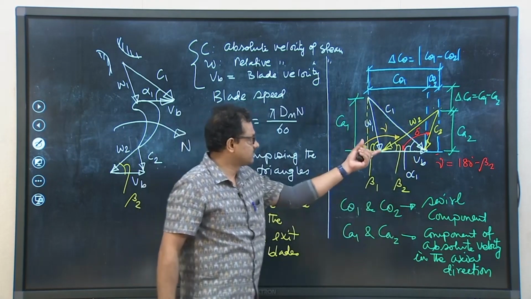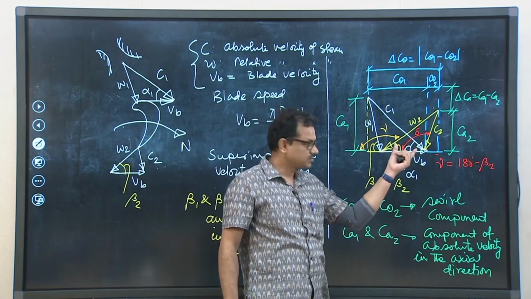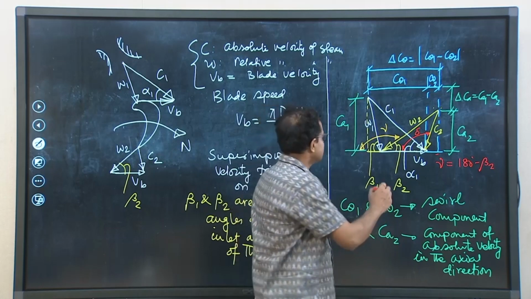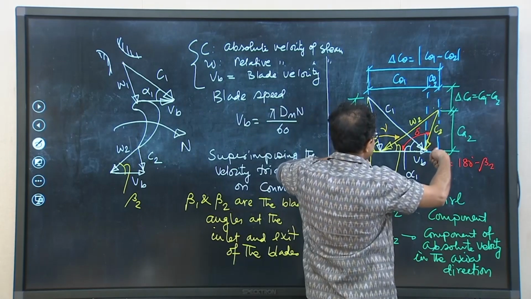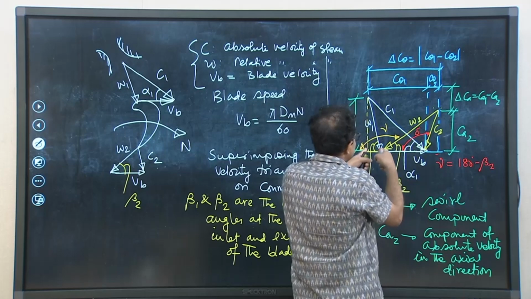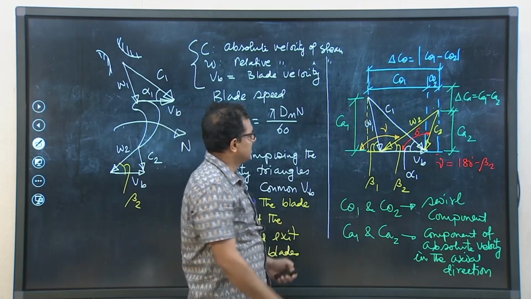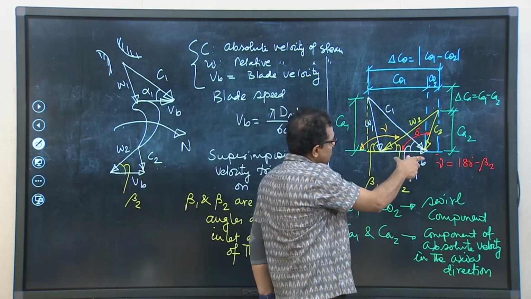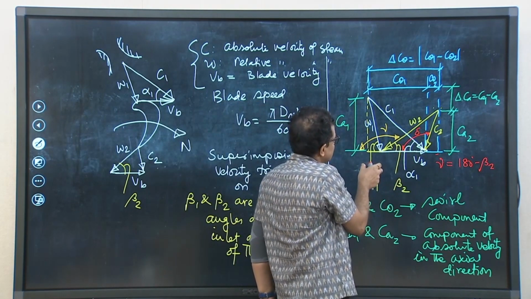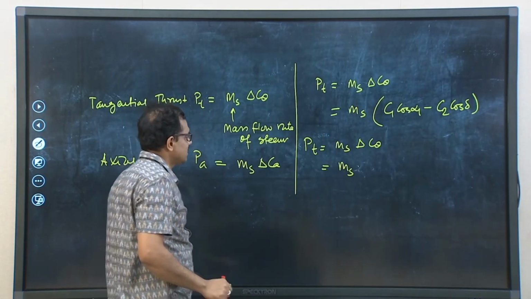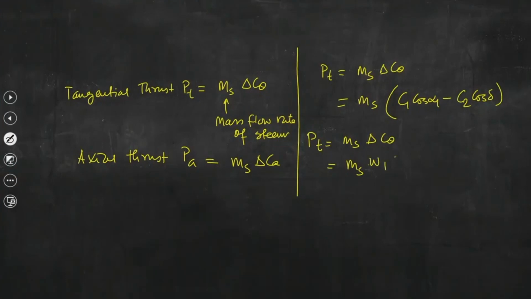Looking at these superimposed velocities, this is nothing but W2 cos beta 2 plus W1 cos beta 1, right. So that is also equal to W1 cos beta 1 plus W2 cos beta 2.